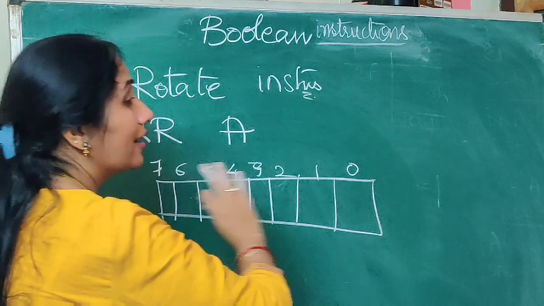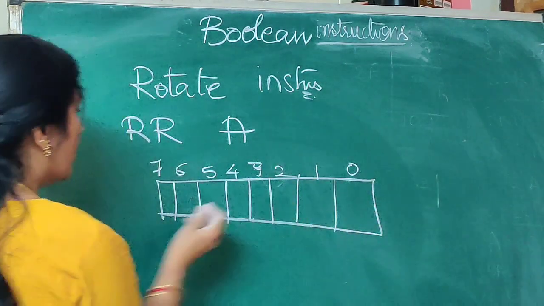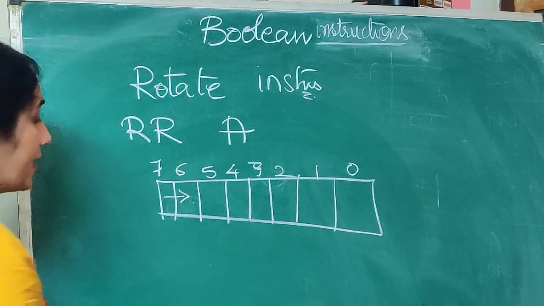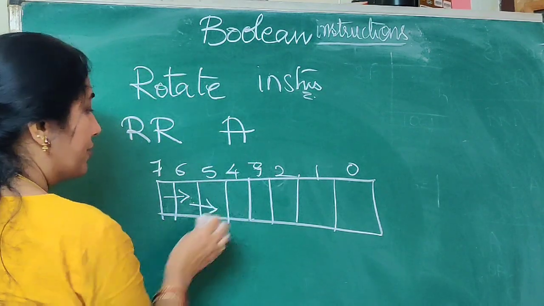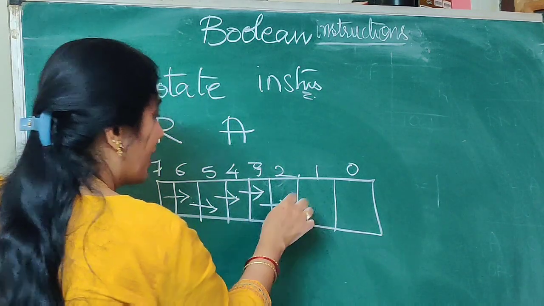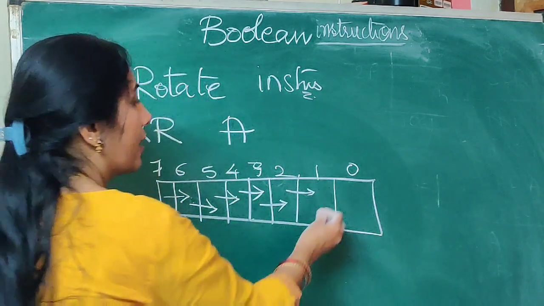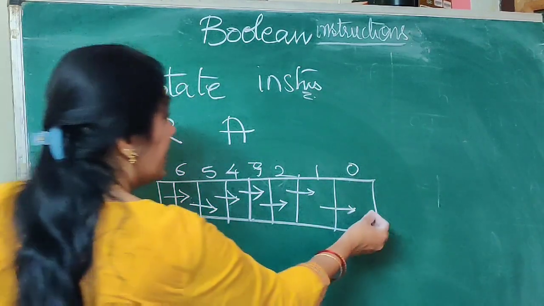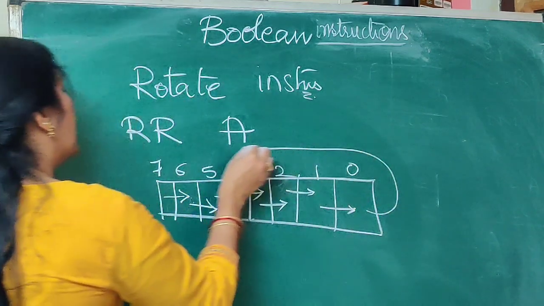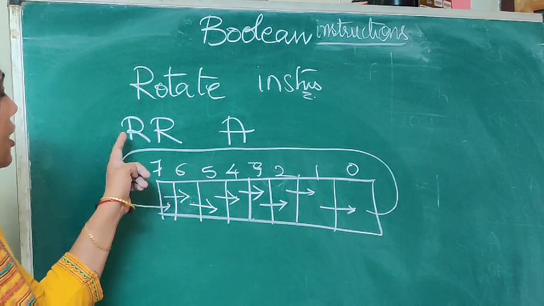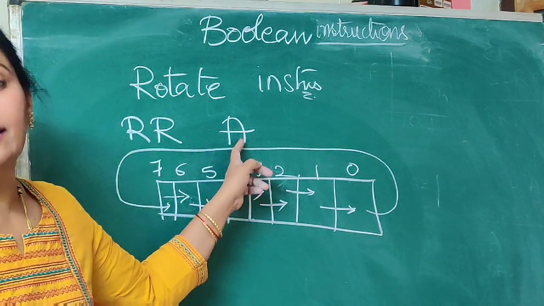Whenever I say rotate right, then the 7th bit will get shifted to the 6th one. 6th bit will come to 5th. 5th will come to 4th. 4th will be the 3rd, and 3rd will come to the 2nd, and 2nd will come to 1, and 1 will come to the least significant bit, and this particular least significant bit will come to the MSB bit. This is rotate right the contents of the accumulator.